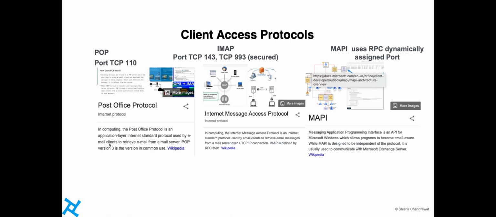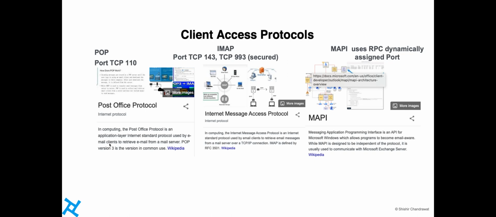So you get everything synchronized in the centralized location, and then whatever changes you made from your PC will be visible on your phone. Whatever changes you made from your phone, if you have replied to an email or if you have moved an email to a subfolder, everything will get synchronized to the mailbox, and then from there to all the clients. Now that is the reason that IMAP is a good protocol.